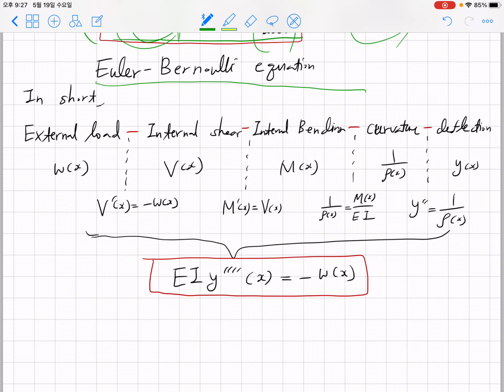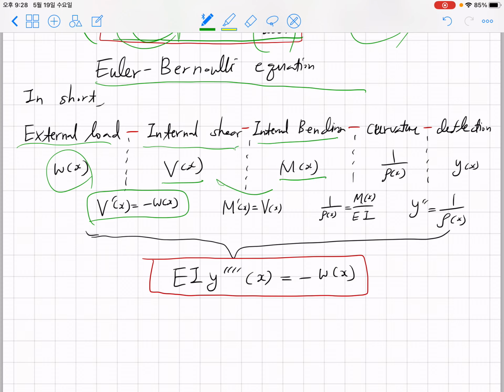Let me try to give you the relationship in a small summarized diagram. In short, the external load w is connected with the internal shear force V(x), and the relationship is given as this, which we learned back in chapter 5. The internal shear force is related to the internal bending moment, and the relationship is also a derivative relationship, M prime equals V(x). Then this internal bending moment can be connected to the geometry through the relationship between the radius of curvature and the internal moment.